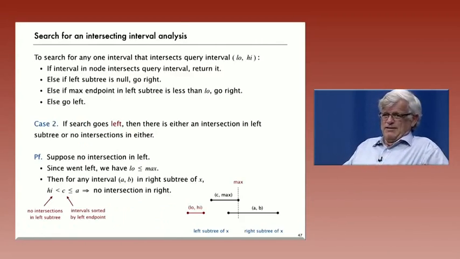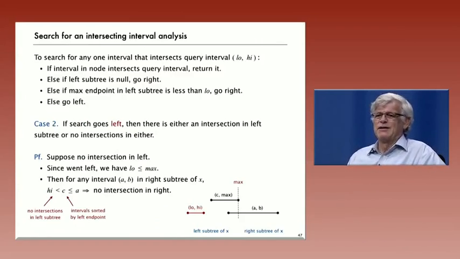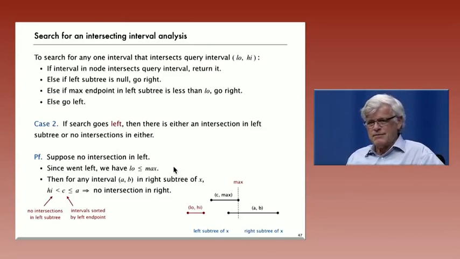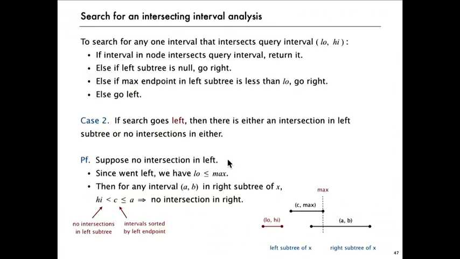The other point is that if you go left, then either there's an intersection there or there are no intersections at all. Let's suppose that there's no intersection in the left; we want to show there's no intersection in the right. Since we went to the left, we've got low less than max.